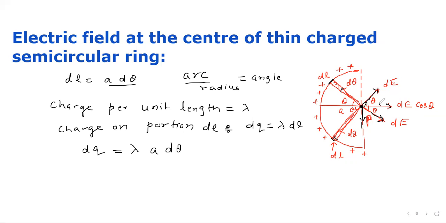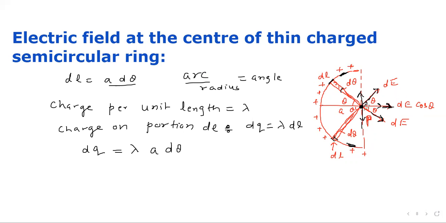So cos theta component will be in this direction and sin theta component will be in this direction. Hence, we can say that if we consider any element dl here, so another element dl will be here, whose sin theta component will cancel out and only cos theta component will be the cause for electric field.